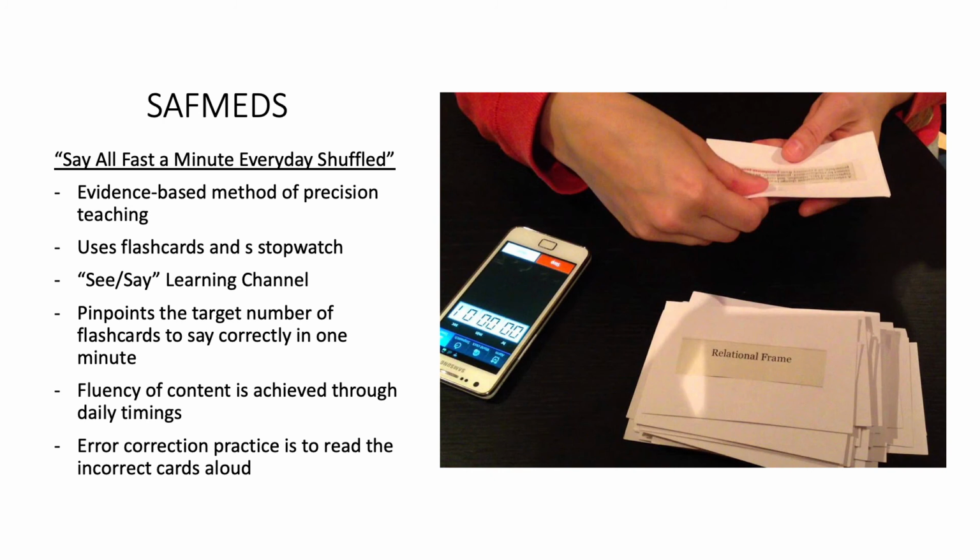And the pinpoints are the target number of flashcards to say correctly in 1 minute. So our goal is going to be 10. And 26. And fluency is achieved through the daily timing. So the more that you practice, the more fluent you'll be with the provinces and capitals. And the error correction is to take your incorrect pile after a timing and read those cards aloud for practice.